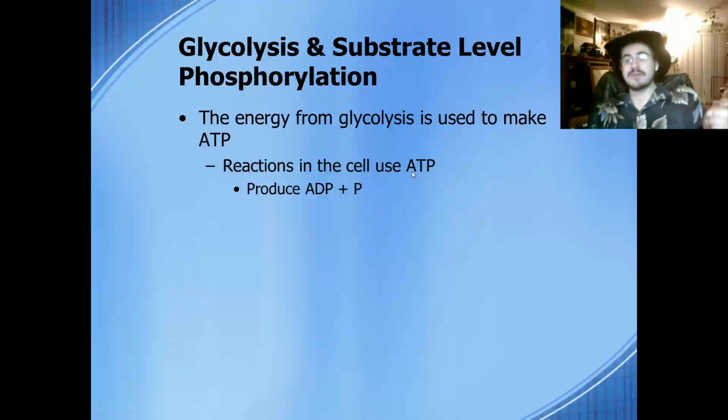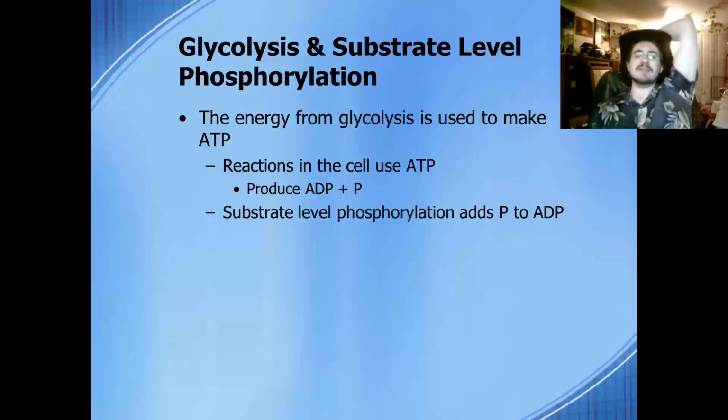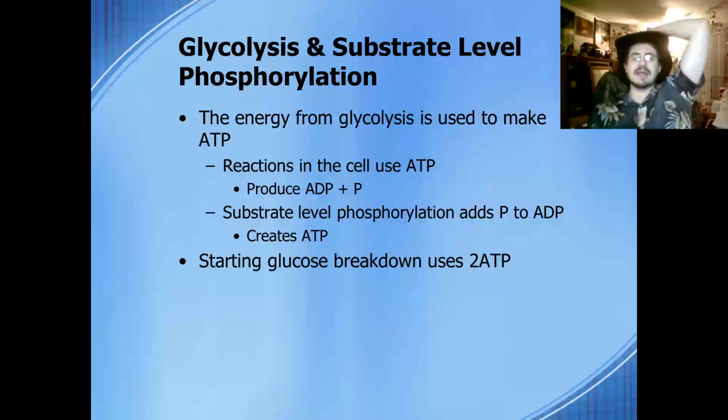So you're left with adenosine attached to two phosphates, adenosine diphosphate, and then this spare phosphate that was cleaved off in order to release the energy held in those unstable bonds of ATP. Substrate level phosphorylation adds the phosphate directly to the ADP in order to create ATP.